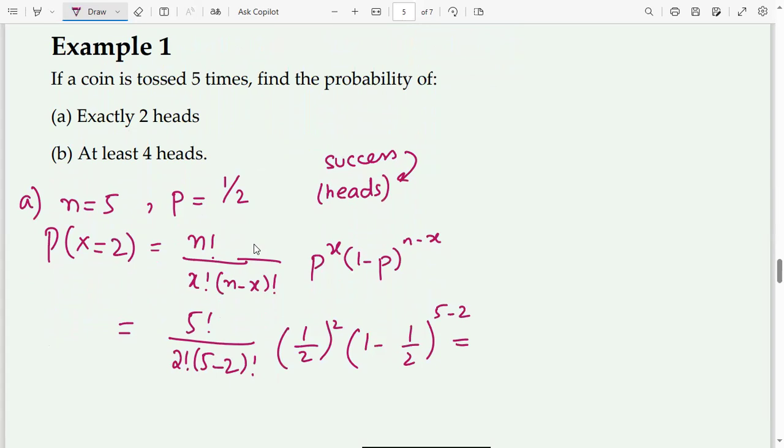Right? So you can do it using calculator. आंसर कुछ इस तरह से आ जाएंगे कि 120 over 2 times 6, 1 over 2 to the power 5. You can calculate it. इससे आगे बहुत easy. Now I'll proceed to the second part.